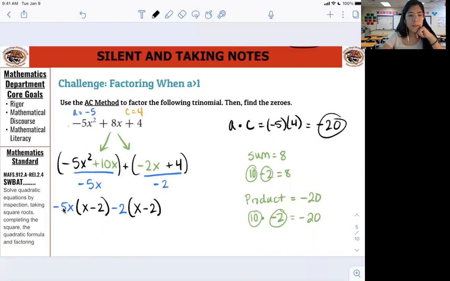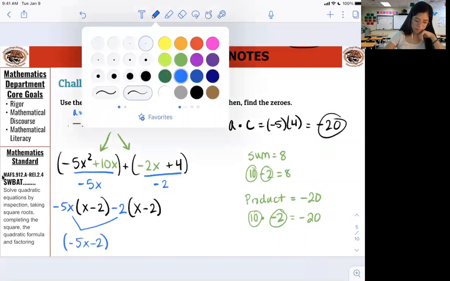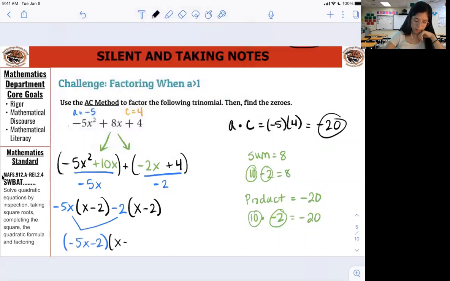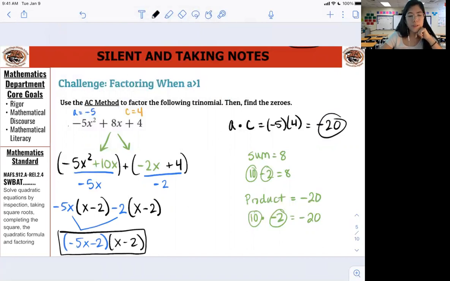Beautiful. And now finally, I can bring these together. -5x minus 2 and x minus 2. Okay, questions on this one?